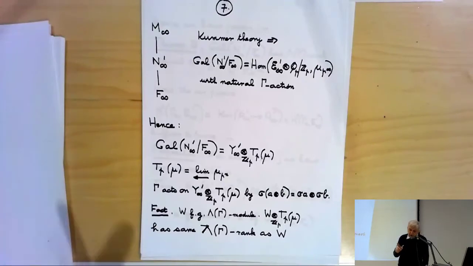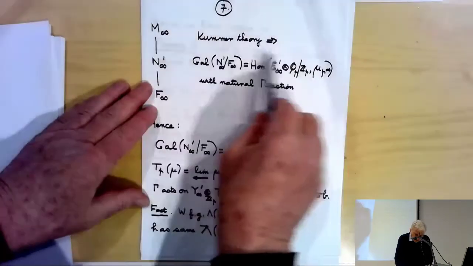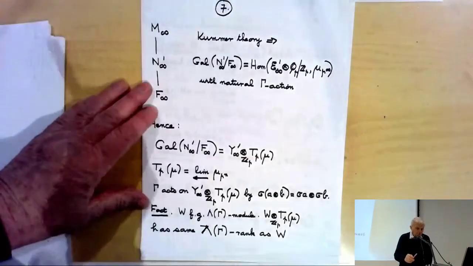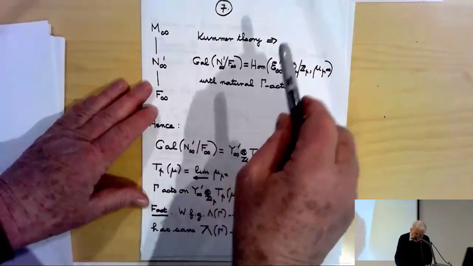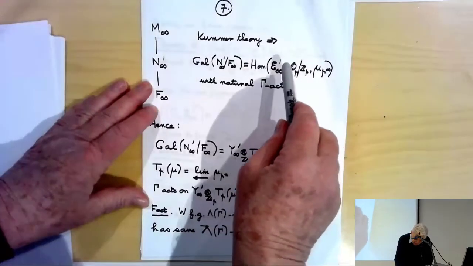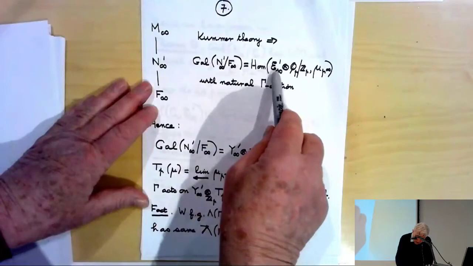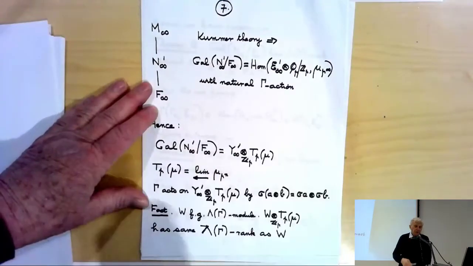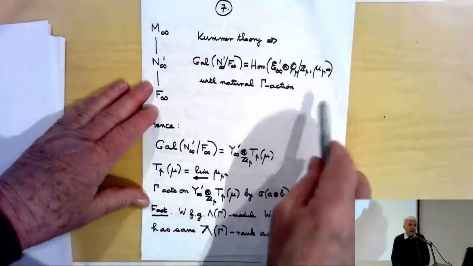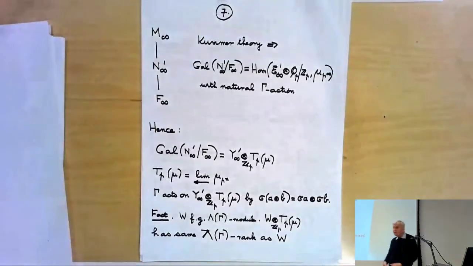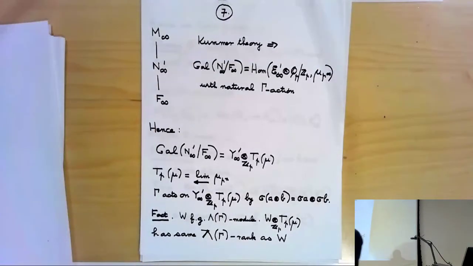You should bear in mind that for this to be an equality as Gamma modules with the natural Gamma actions, Gamma acts on this in the usual way by inner automorphisms, and it acts non-trivially on mu_p infinity, by the cyclotomic character. So there is a Tate twist involved here.